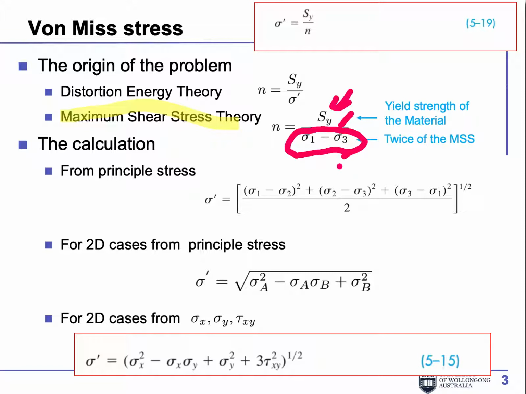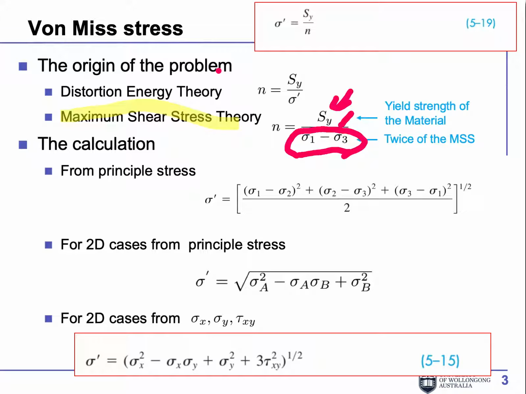So von Mises stress is the same concept. We're trying to look at the material from a distortion point of view. If you want to distort a material, the shape of the material changes, so it takes energy to change shape.